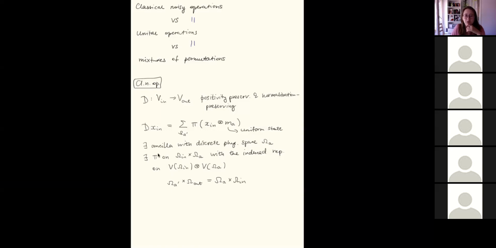And then the permutation itself happens in the space of omega_in times omega_A, but pi is its induced representation when we express these states as probability vectors in V. Okay, thanks.